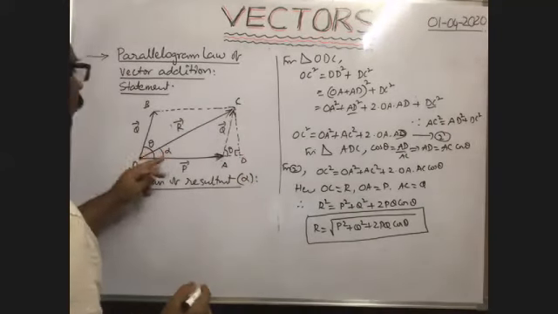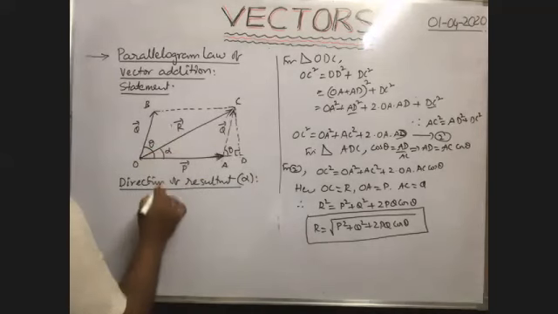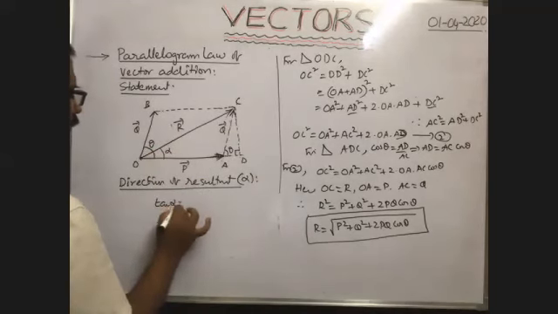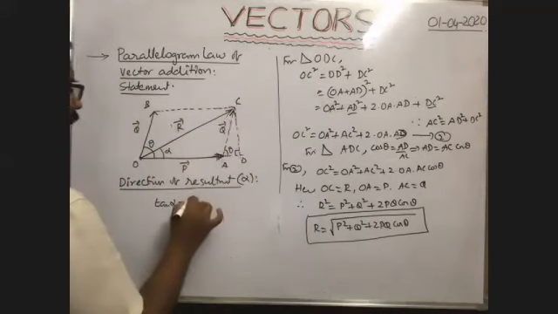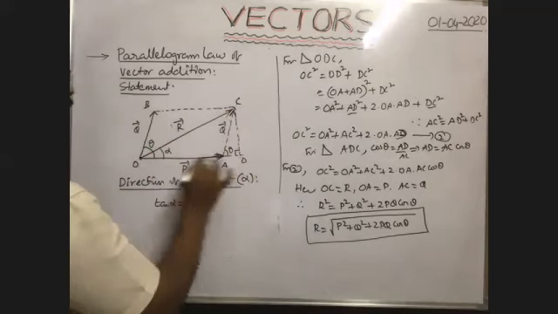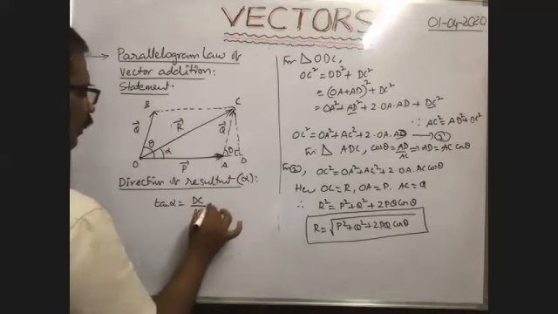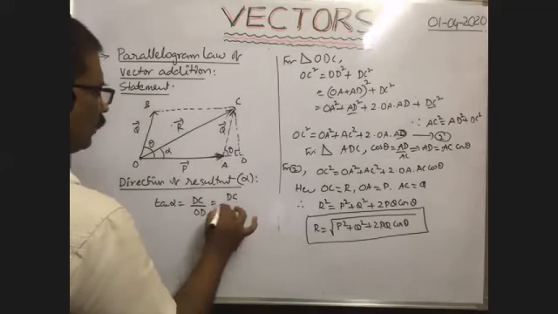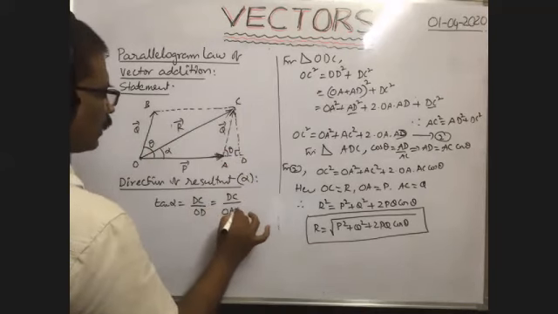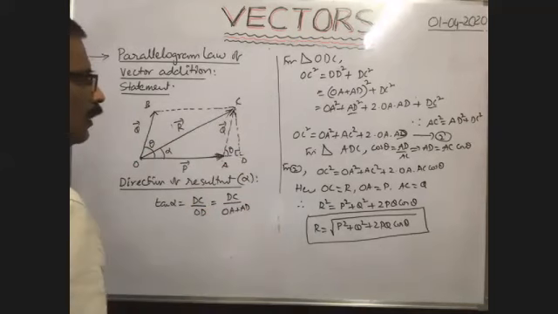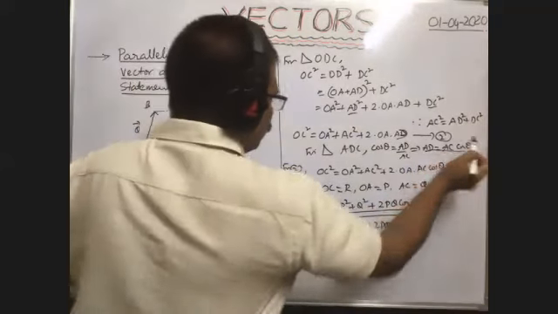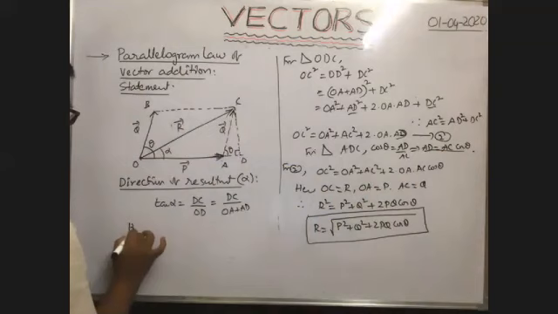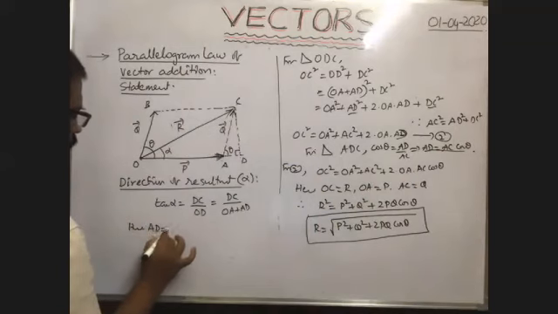So to find the alpha value, from this right angle triangle, you take tan alpha. Tan alpha is equal to opposite side DC by adjacent side OD. We can write OD as OA plus AD. Already we know AD is equal to AC cos theta.